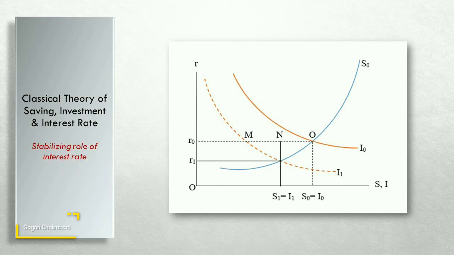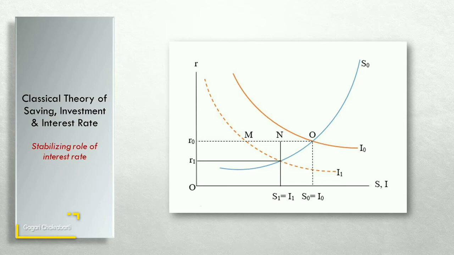In equilibrium, in fact, the rate of interest would be equal to the marginal productivity of capital as well as the marginal rate of time preference. Now we shall be considering the stabilizing role of the interest rate in the classical model.